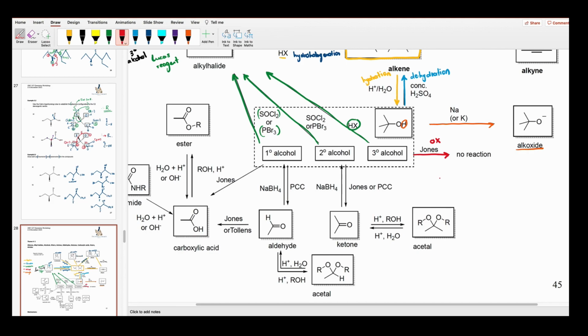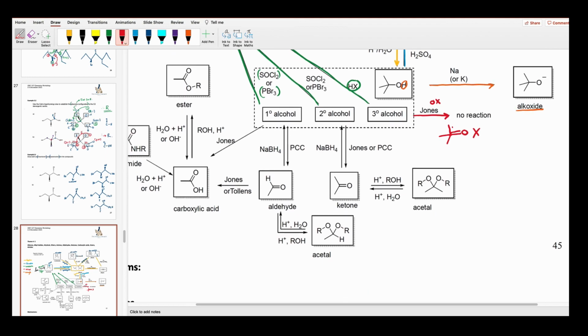The simple reason is that if this tertiary alcohol were to oxidize, you would have to turn that alcohol into a carbonyl. But this carbon would then have 1, 2, 3, 4, 5 bonds, and you know that a carbon can only form 4 bonds, so it's not possible. So tertiary alcohols do not undergo oxidation.